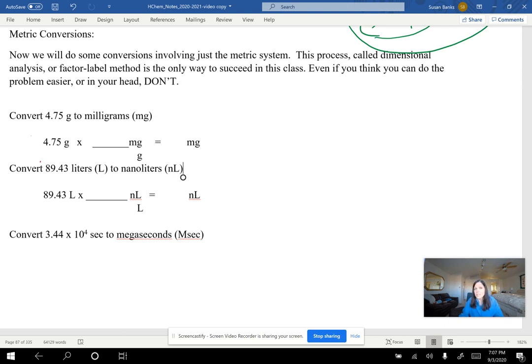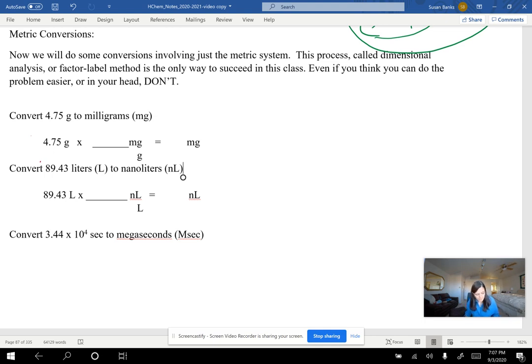And eventually we'll get to things that you can't just do in your head, and you're going to have to use dimensional analysis to get to the bottom of it. So get in the habit of writing it out so that when we do get to those problems, you know how to use this tool and you will be able to do what you need to.